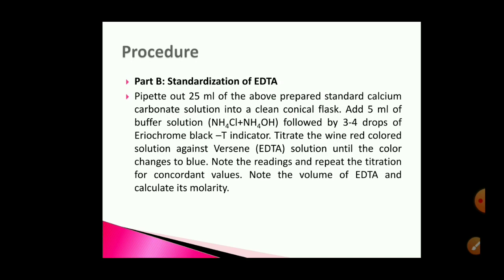Now we will titrate this wine red color solution with EDTA, which is also called Versene solution, until the color changes to blue. Now wine red color is due to calcium or magnesium EBT complex. During the titration there is calcium or magnesium EDTA complex formation.